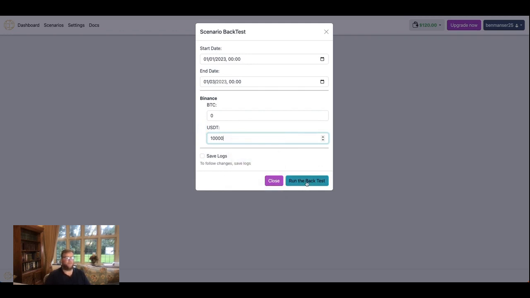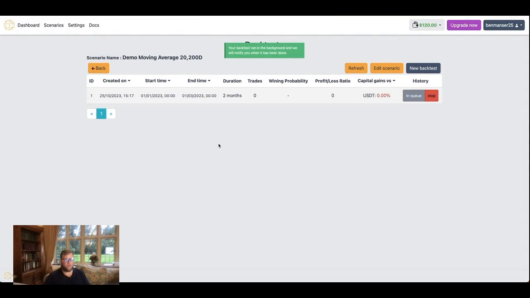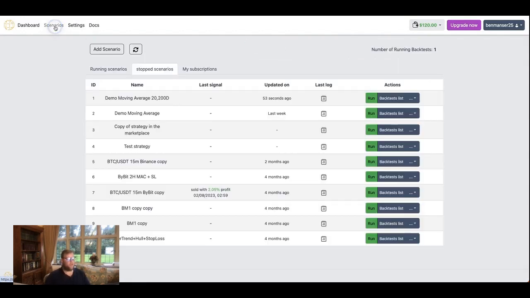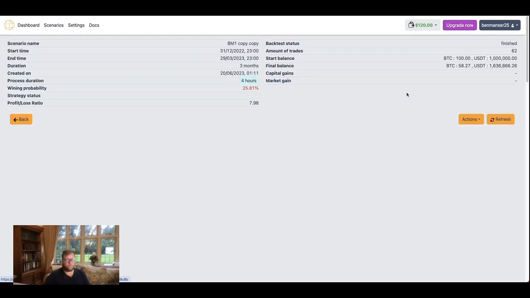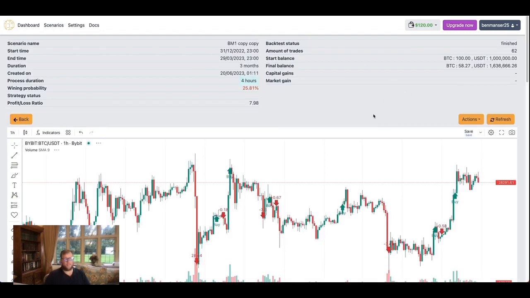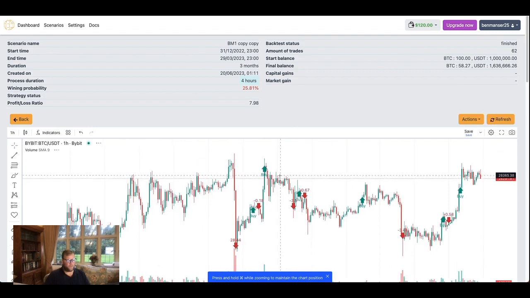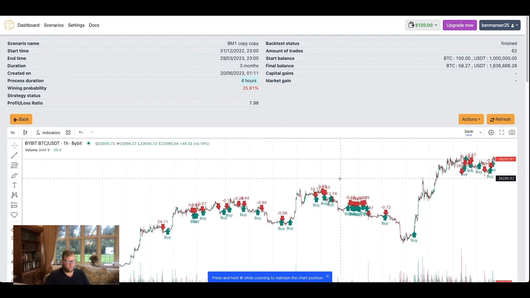Those that like to do various methodologies for your backtesting, you can retest, amend, and rerun as many times as you want. And while that's running, let's go and have a look at an example of the output of the testing. So when the test is finished, you'll see here in a chart view where the strategy bought, where the strategy sold during the period.